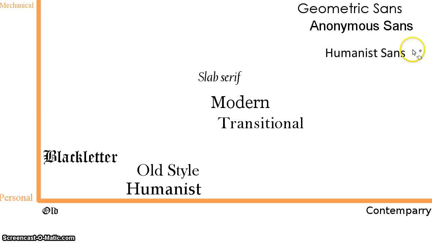If you put this into a chart where you can compare old and contemporary, or personal and mechanical, type has grown from an old type to a contemporary type, or from a personal type to a mechanical type. So if you have a serif font on your web page, you can have an old, personal type web page.